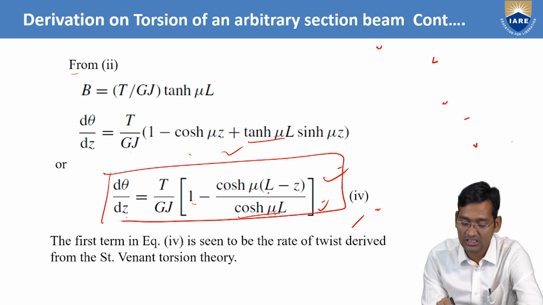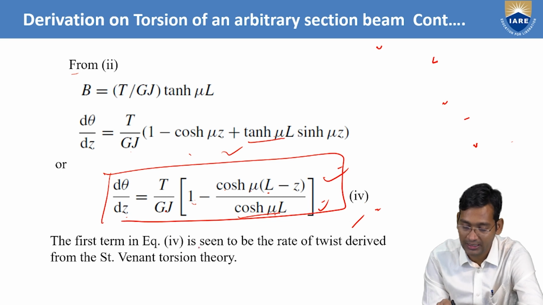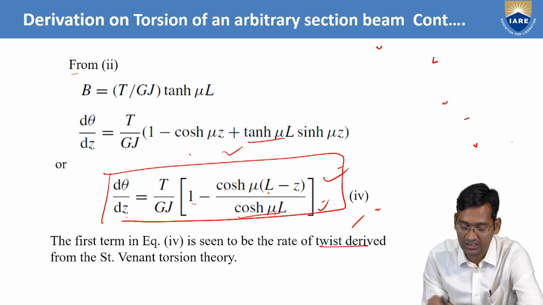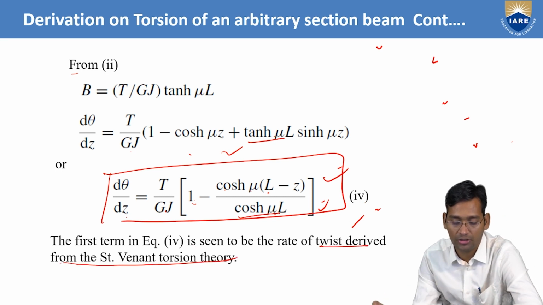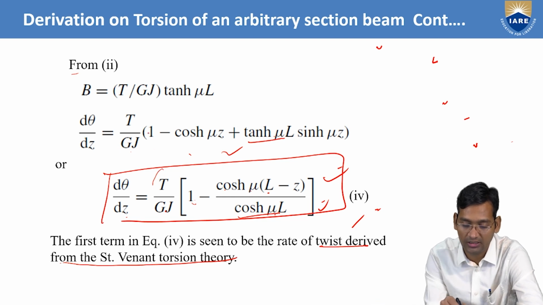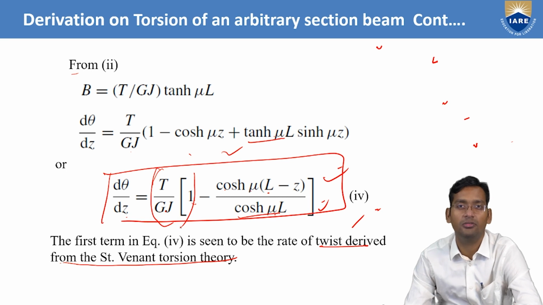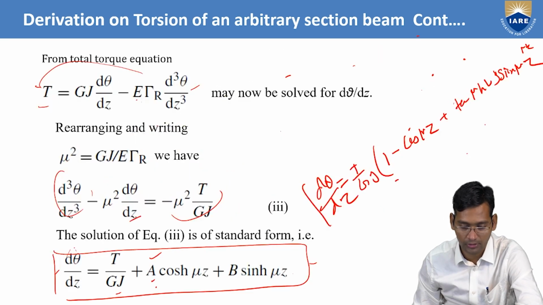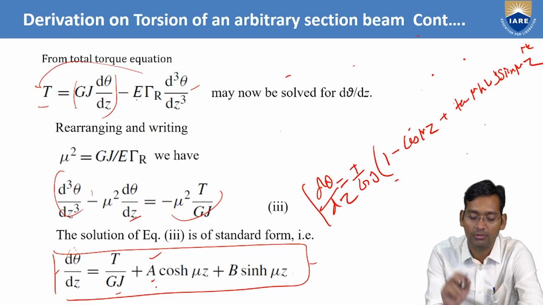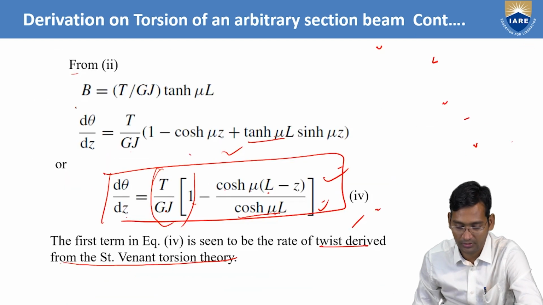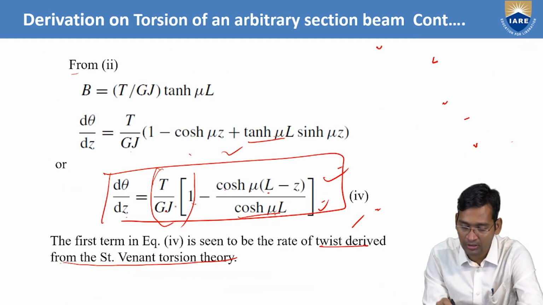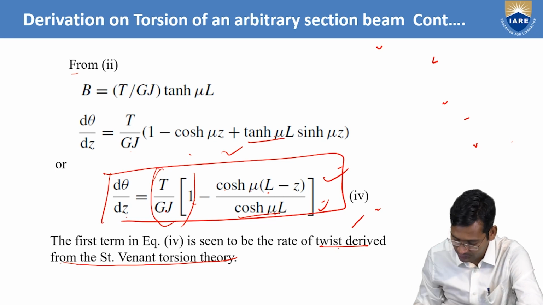The first term in equation 4 is seen to be the rate of twist derived from the Saint-Venant torsion theory. So if you multiply this by GJ, what happens? This will be T by GJ, that is the Saint-Venant term, GJ into dθ/dz.